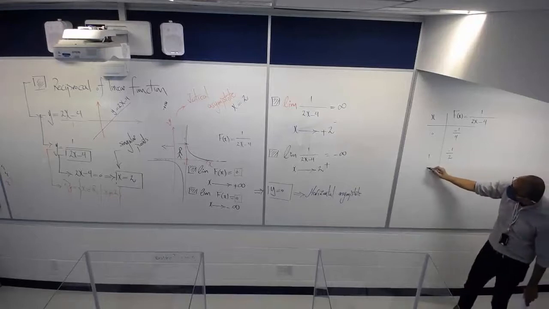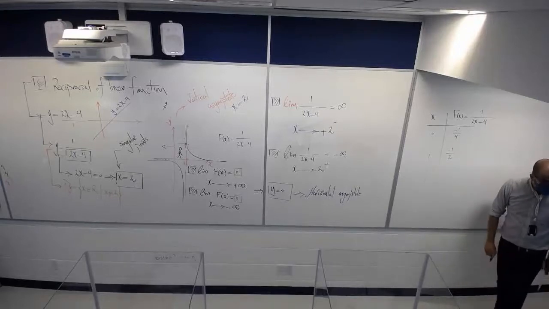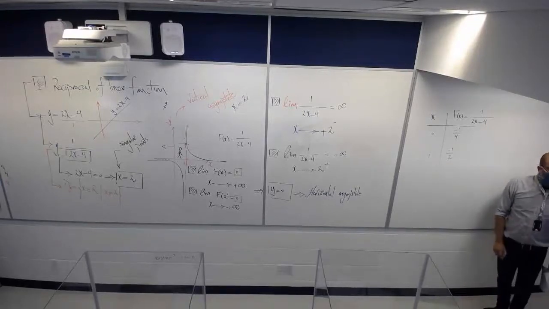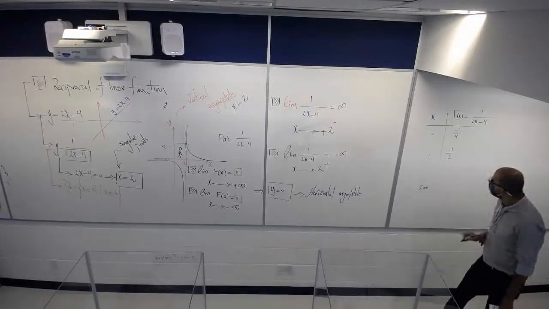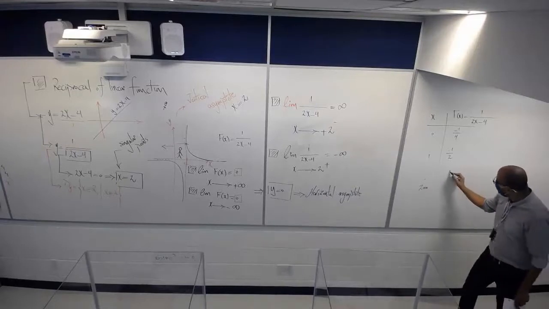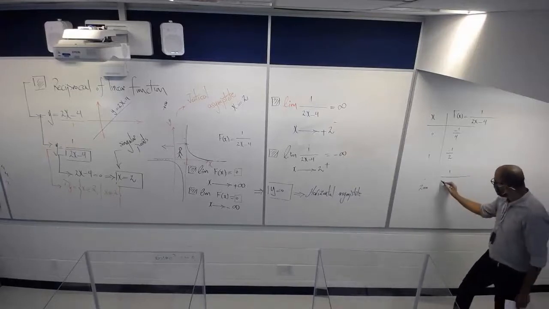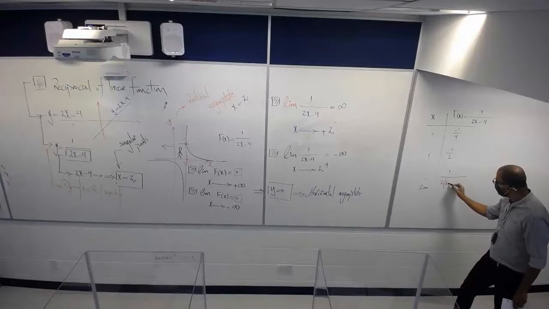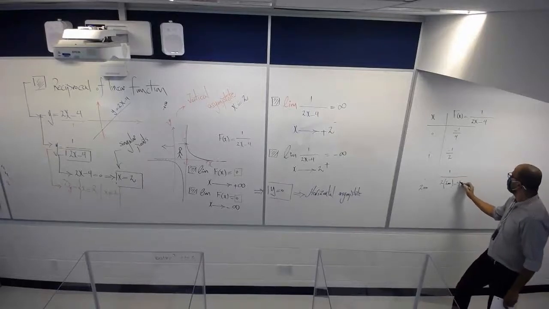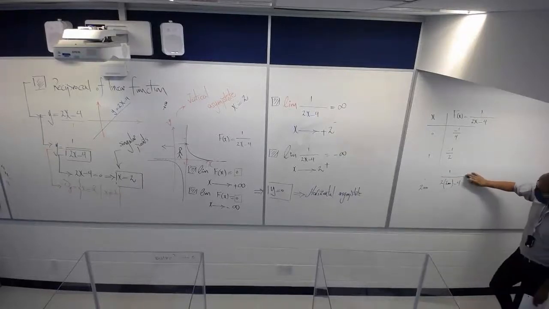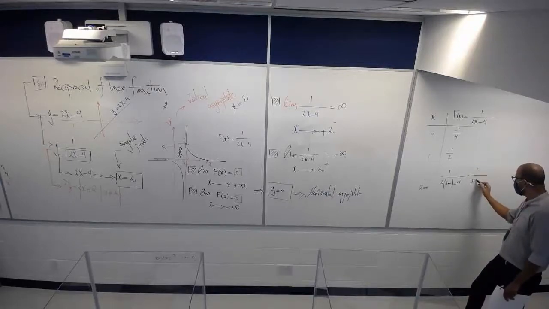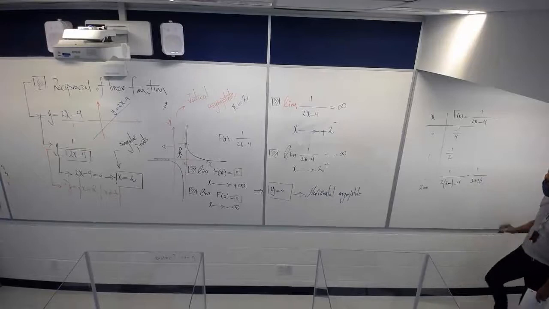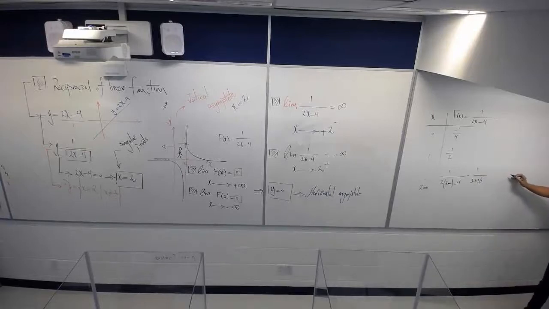You can continue the same process. What happens if I give, for example, 2,000? It becomes 1 over 2 times 2,000, Michelle, minus 4, which is essentially 1 over 3,996. Can you put that in a calculator to see how much you get?